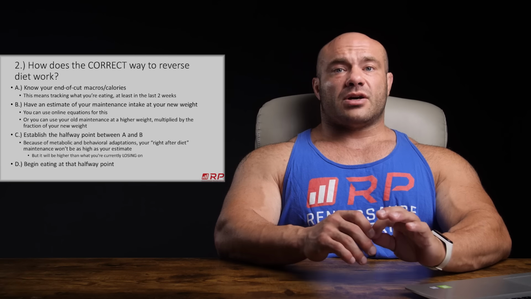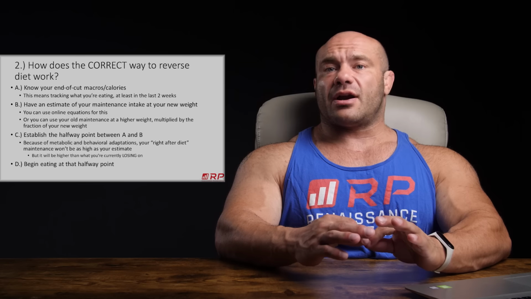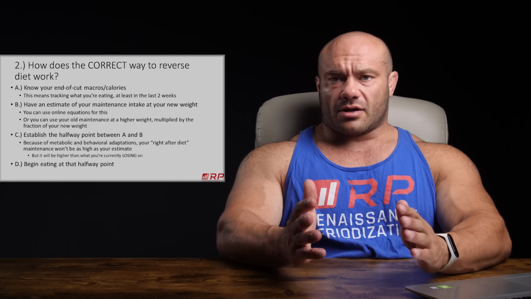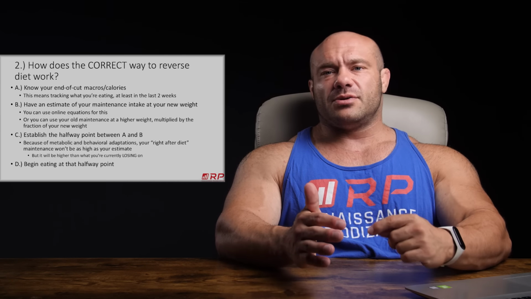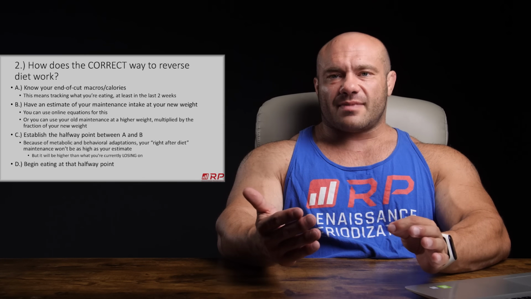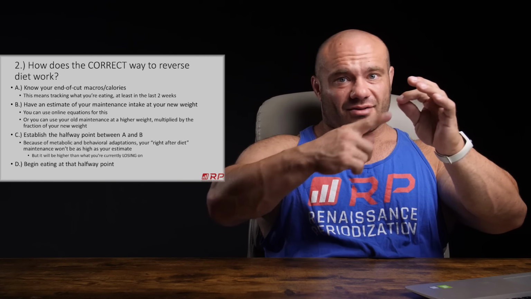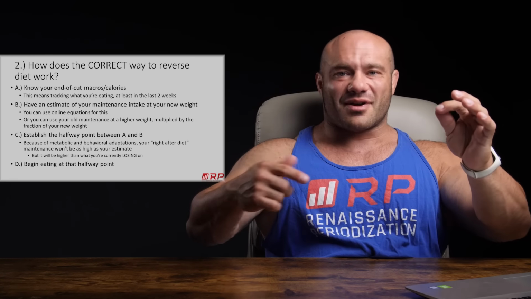Why? Because your maintenance calories almost by definition are going to be higher than your last week fat loss calories. So if you were physically losing 1 to 2 pounds a week on 2,000 calories, there's no way 2,000 calories is your maintenance. If you stay at it, the loss will sort of taper off, but you'll get to 185 in 6 months before you ever stop losing if you start at 200, right?